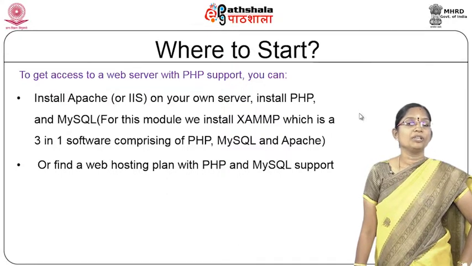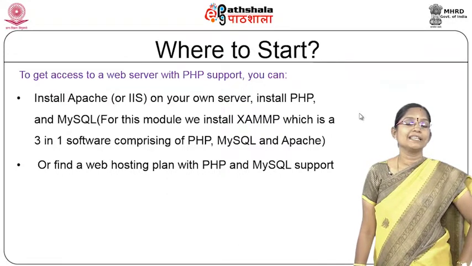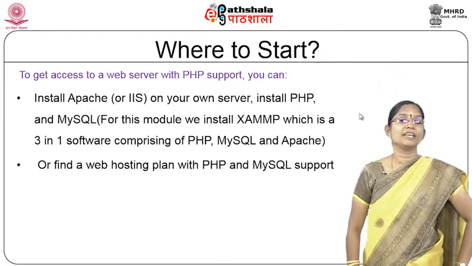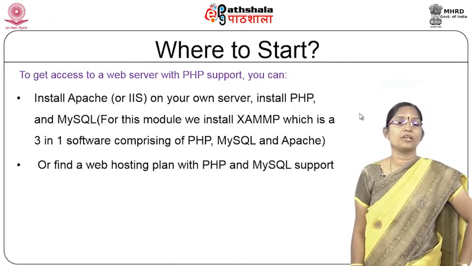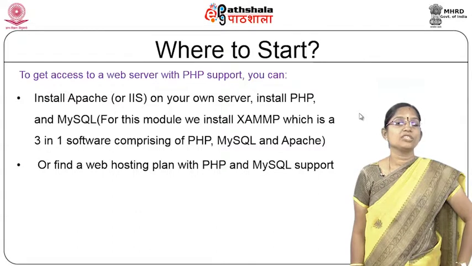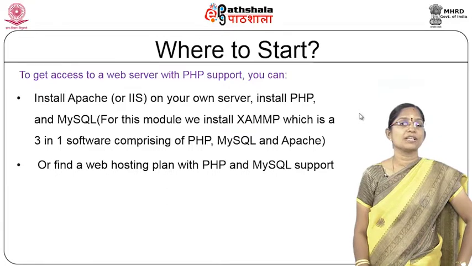For this module, instead of trying these three in three different combinations, we can simply install XAMPP server, which is 3-in-1 software. It comprises all three: PHP, MySQL and Apache. Or we can find a web hosting plan which consists of both PHP and MySQL support.